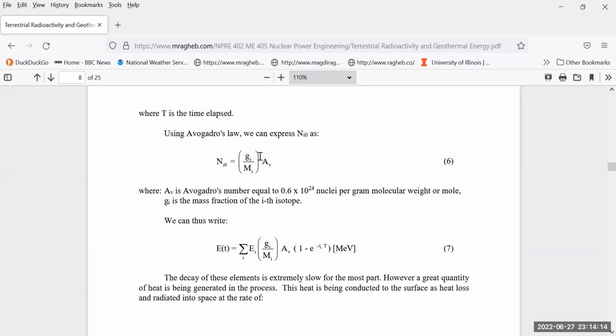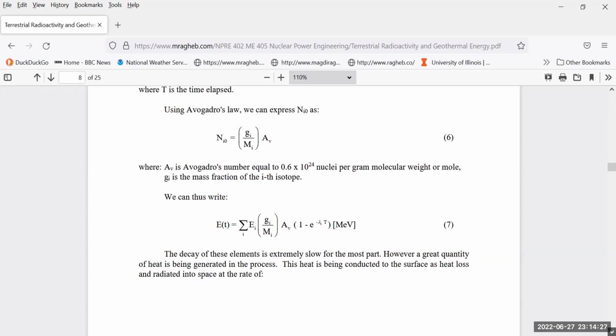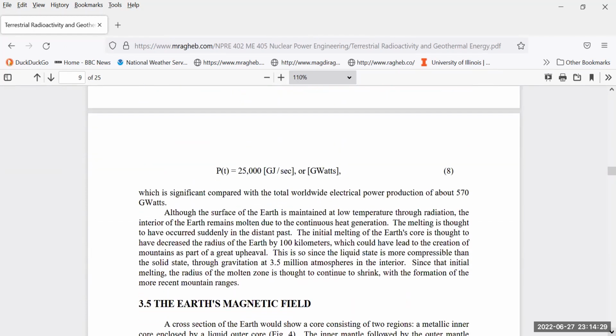So if we use Avogadro's law with the masses of the different isotopes, we can basically get a total expression for the total energy over time that has been generated by the radioisotopes in the Earth's crust.